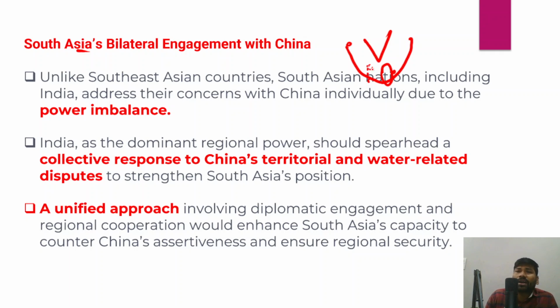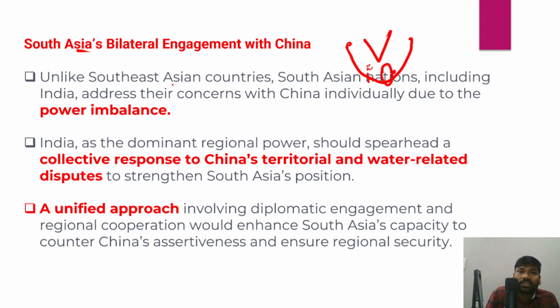And apart from that, in different areas China has been gradually increasing its presence. That has been threatening the traditional dominant role of India in the Indian Ocean region and within South Asia. So I would say that the Chinese presence has been substantially increasing.